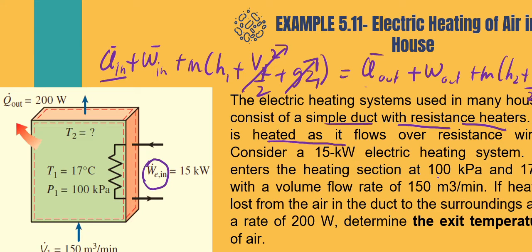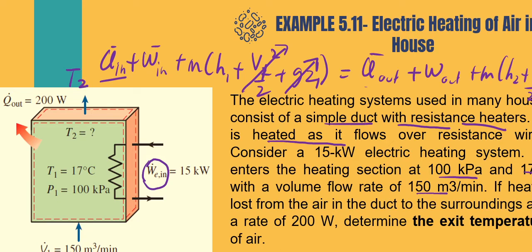Air enters the heating section at this pressure and temperature with a volume flow rate of 150. Now, if heat is lost from the air in the duct to the surroundings at the rate of 20 watt, determine the exit temperature.